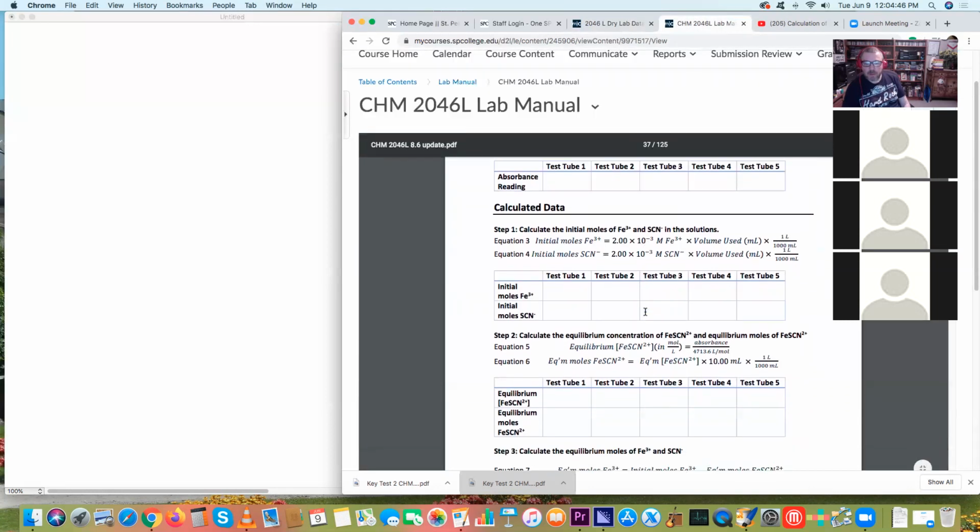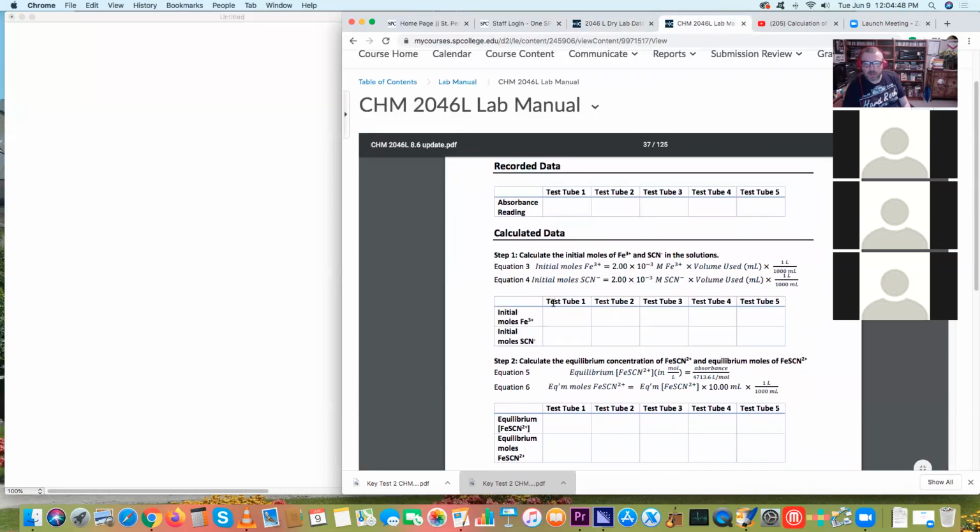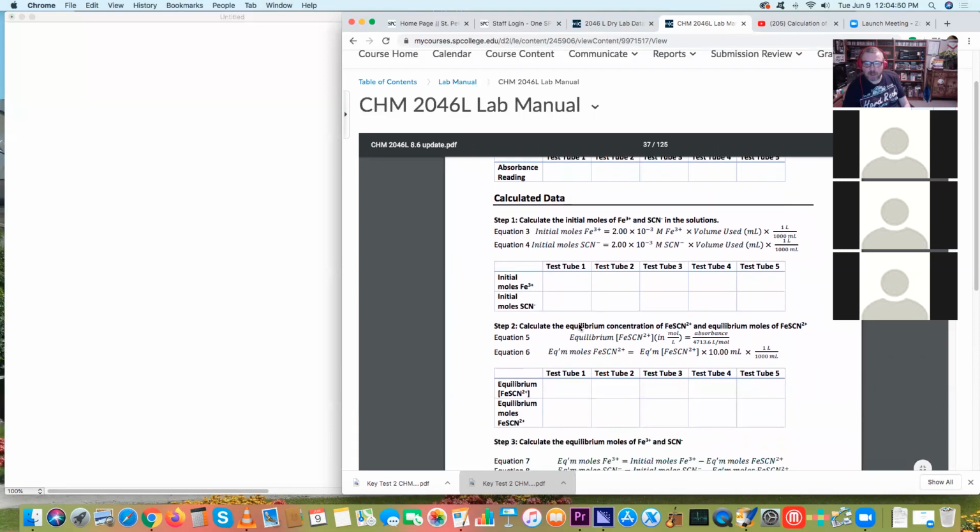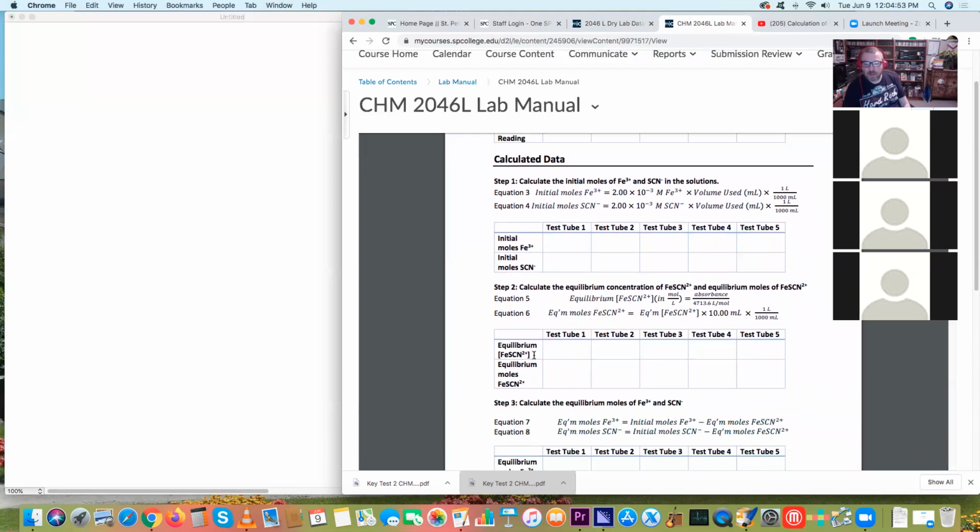From these absorbance readings, we're able to calculate the concentration of the FeSCN2+.